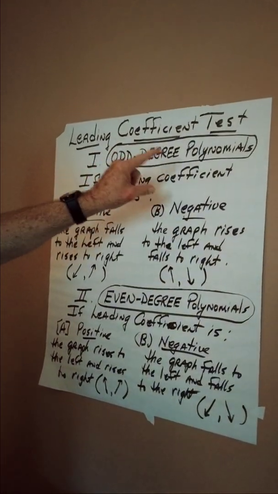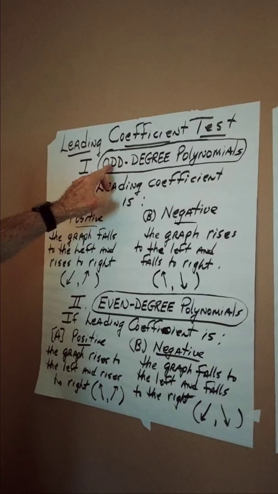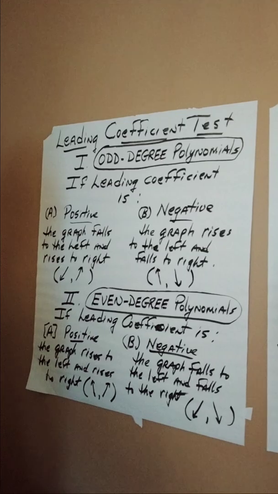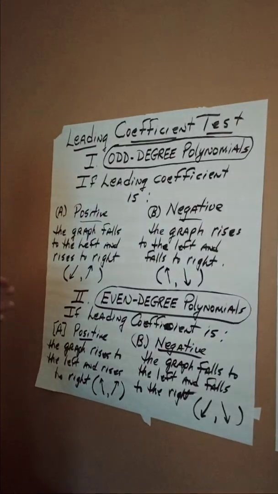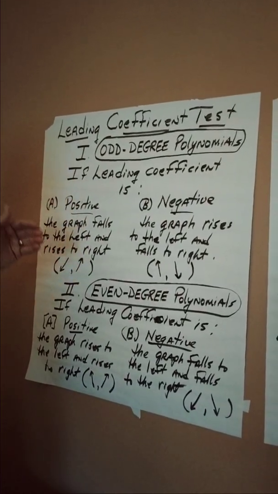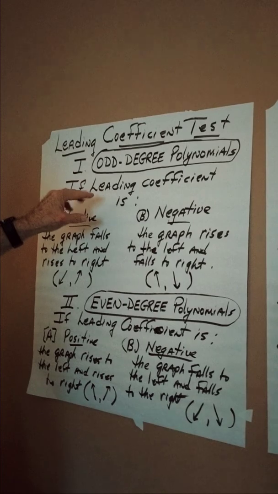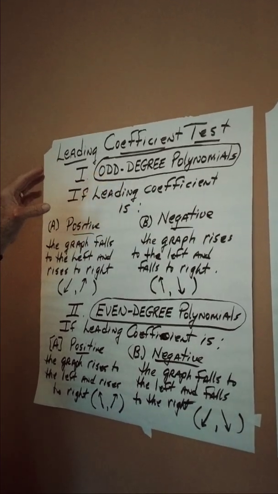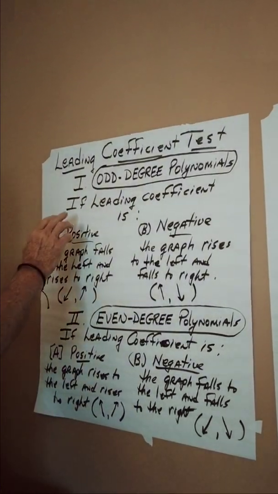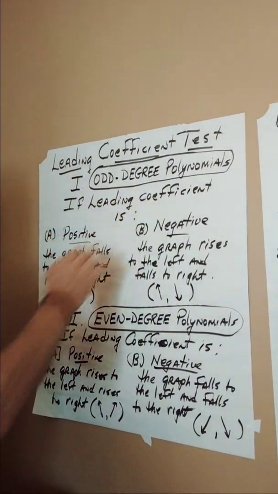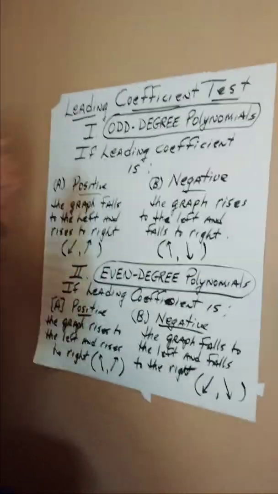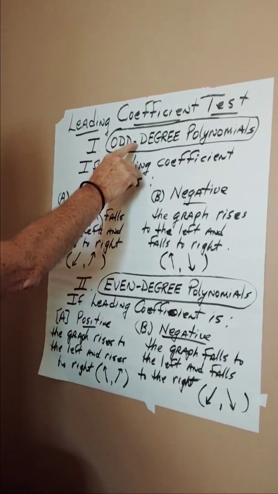If the polynomial function has an odd numbered degree, the degree is 3, the degree is 5, the degree is 7. If the degree of the polynomial is odd, you look at the leading coefficient. We're always going to be looking at the leading coefficient, but keep in mind we're talking about an odd degree polynomial.